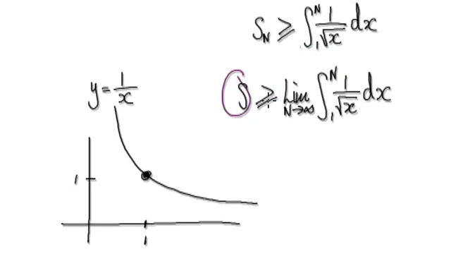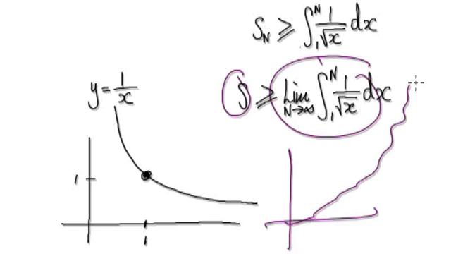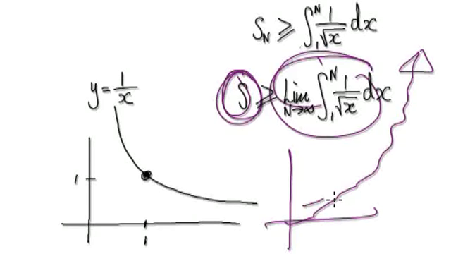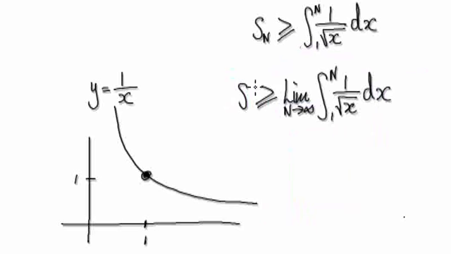Well, S is always greater than or equal to this thing here. So if this thing here diverges, if the area gets bigger and bigger and bigger, then S being always bigger than this will have no choice but to diverge. It can't cross over, because S must always be greater than or equal to this thing here.